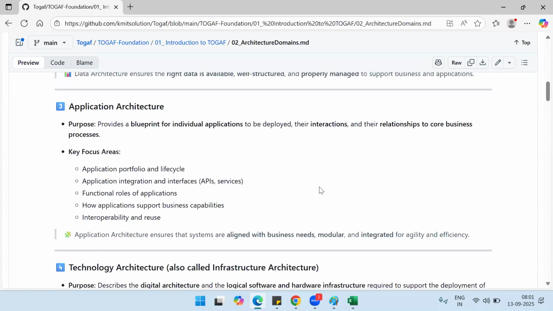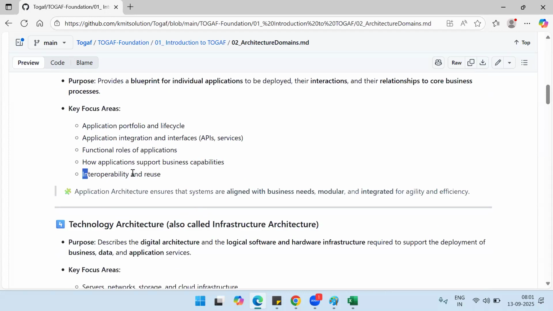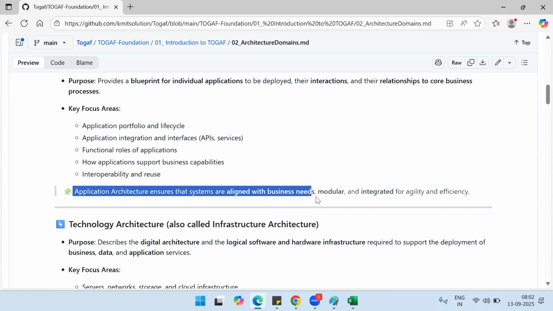Microservices and APIs are on the development side, where you can access your application programmatically. You need to know the functional role of each application: what application 1 is doing, what application 2 is doing, how applications support business capabilities, and interoperability and reusability. So application architecture ensures that the systems are aligned with business needs, modular and integrated for agility and efficiency.